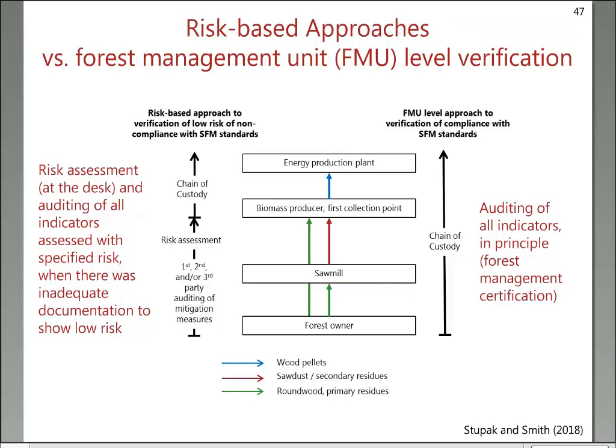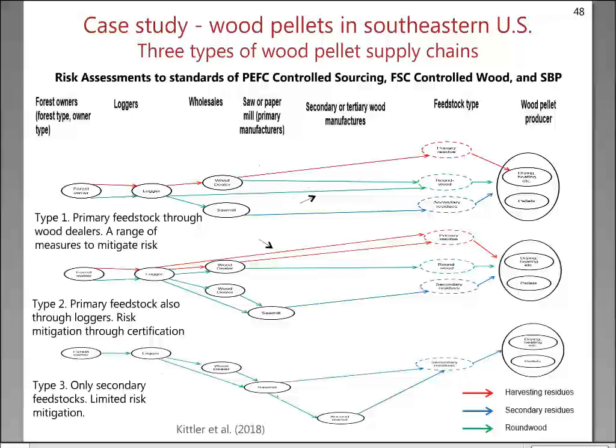In a risk assessment, you only have certification at the biomass producer level, and then you make a risk assessment to see if there are any specific risks among the suppliers in the supplying area. And if there is a risk, then you need extra auditing and mitigation measures. So it means that things are checked, but they're not checked if the risk is assessed to be low.